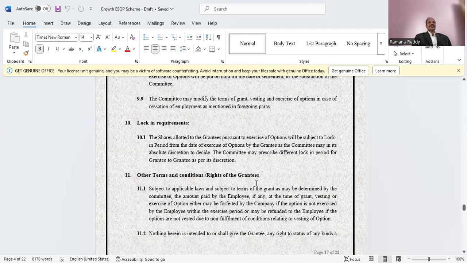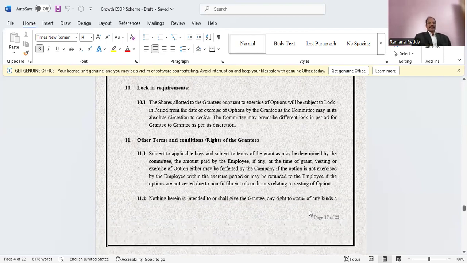The terms and conditions and rights of the grantees. See, once the options are given, the grantee will not have any right of participating in the meetings or any right of getting a dividend.